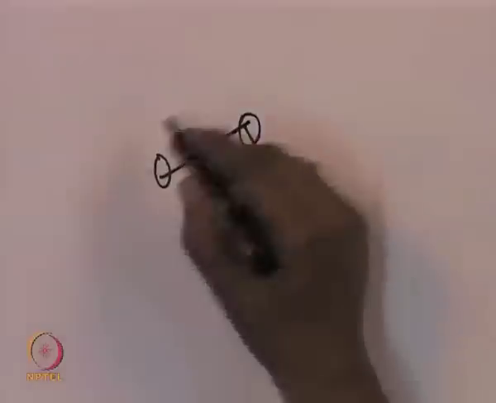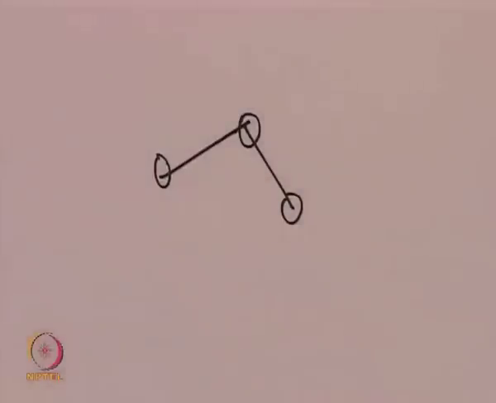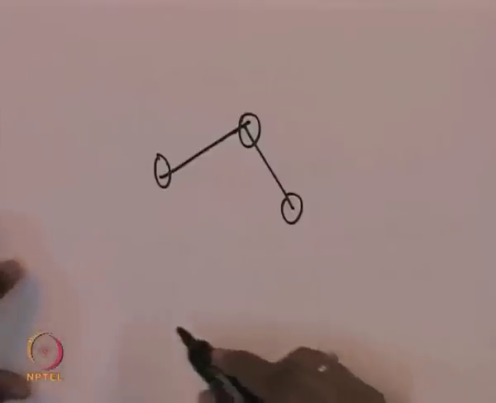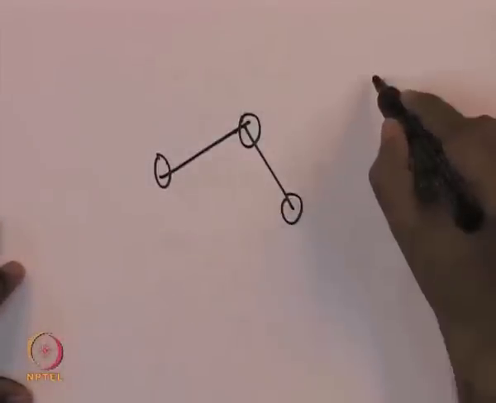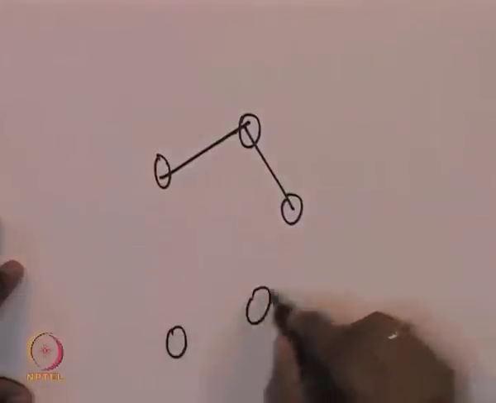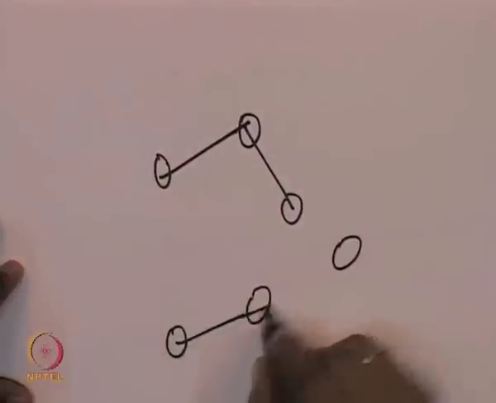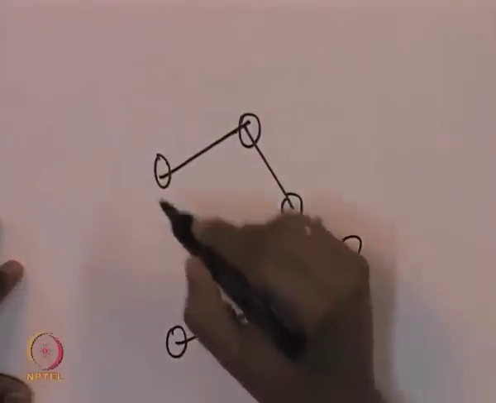So, now these 3 atoms can have any position we want. So, let us imagine that this can have any position that we want. What does this mean? This means that this can have this particular configuration. Now, let us say this atom moves here, then it can take some positions like this. It can take some other position.